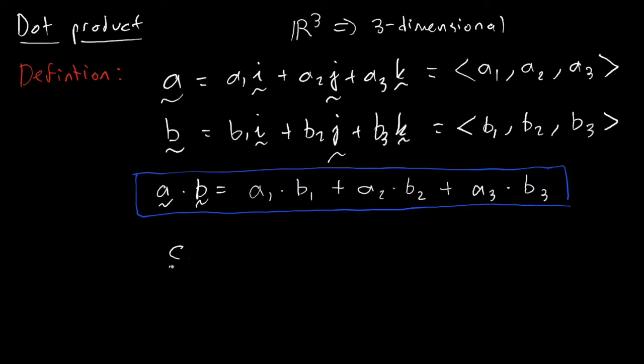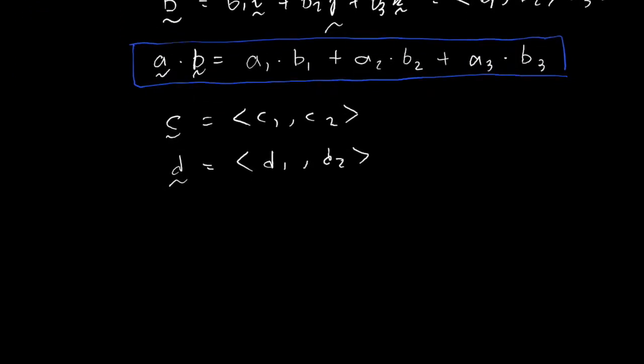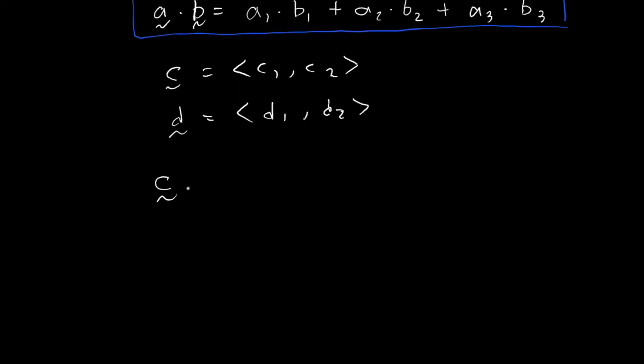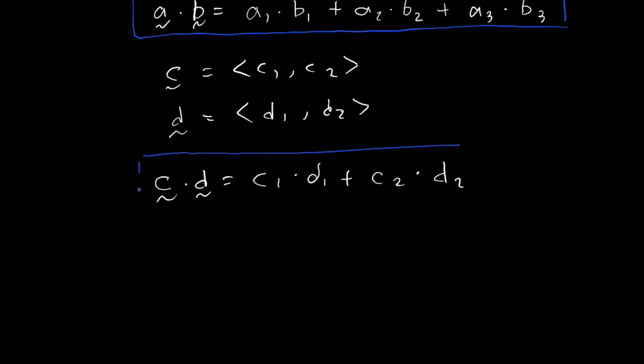Similarly, if we had two-dimensional vectors C and D defined as such, then the dot product C dot D would be C1 times D1 plus C2 times D2. And this is the definition for two-dimensional vectors.